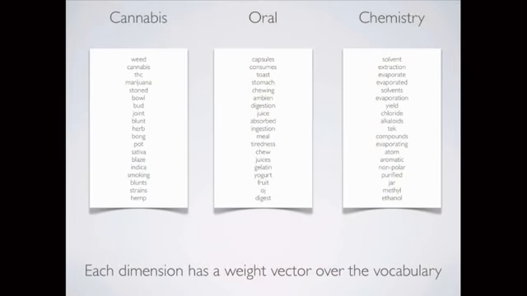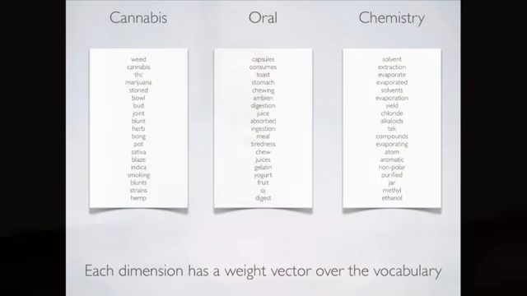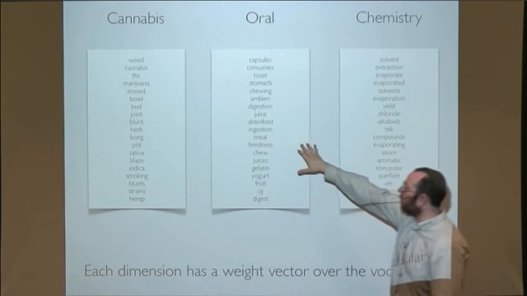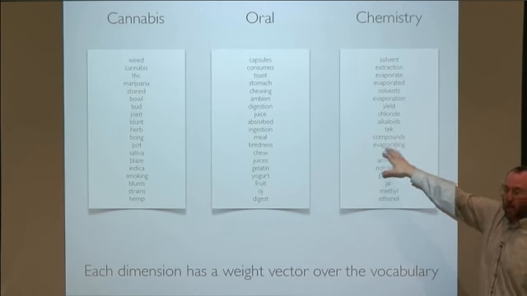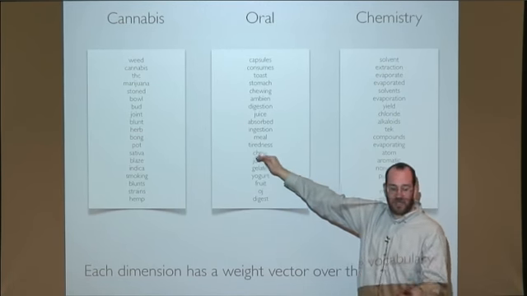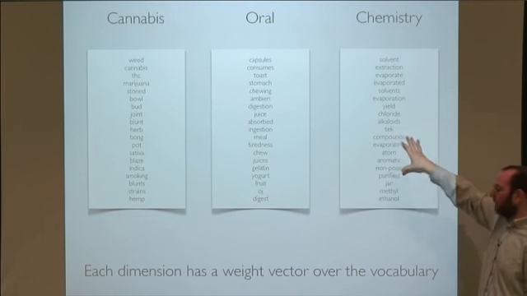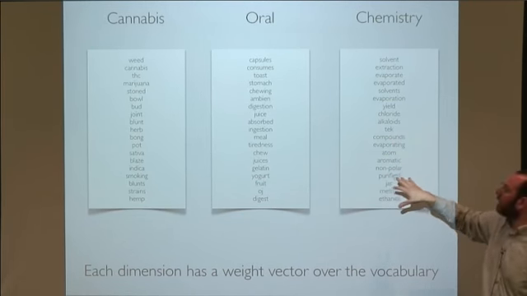The system learns for each independent factor a list of words that it thinks are useful. So here are general words about cannabis, general words about oral use, where the oral use is all drugs in all situations, and general words about chemistry. These are all chemistry words. These are learned by our model.